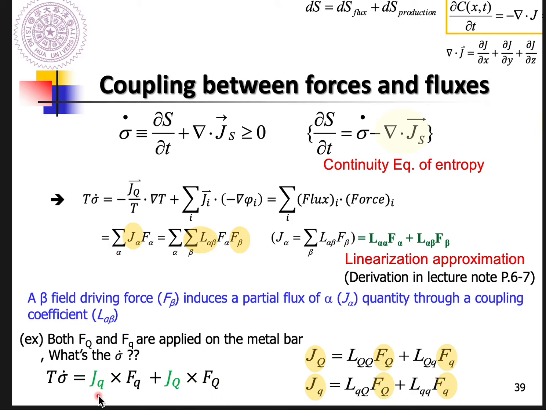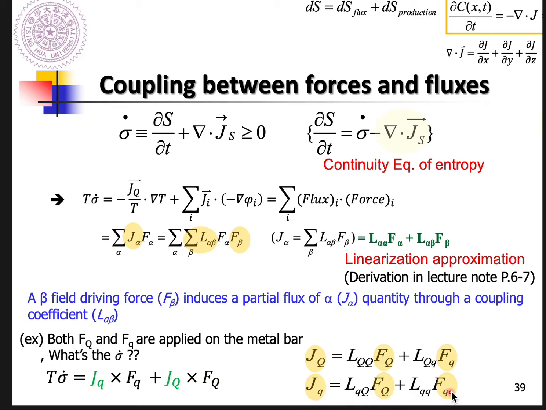But as we know, there is a relationship between the flux and force, right? When there exist two or more driving forces, each kind of driving force will drive the flux of entities. This means the current density is not only driven by the electric field, it is also driven by the temperature gradient.